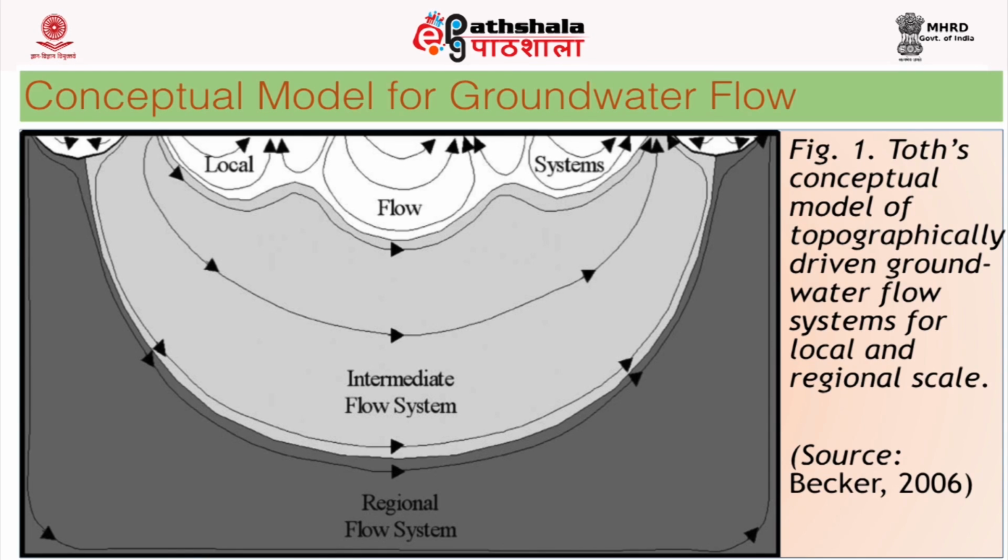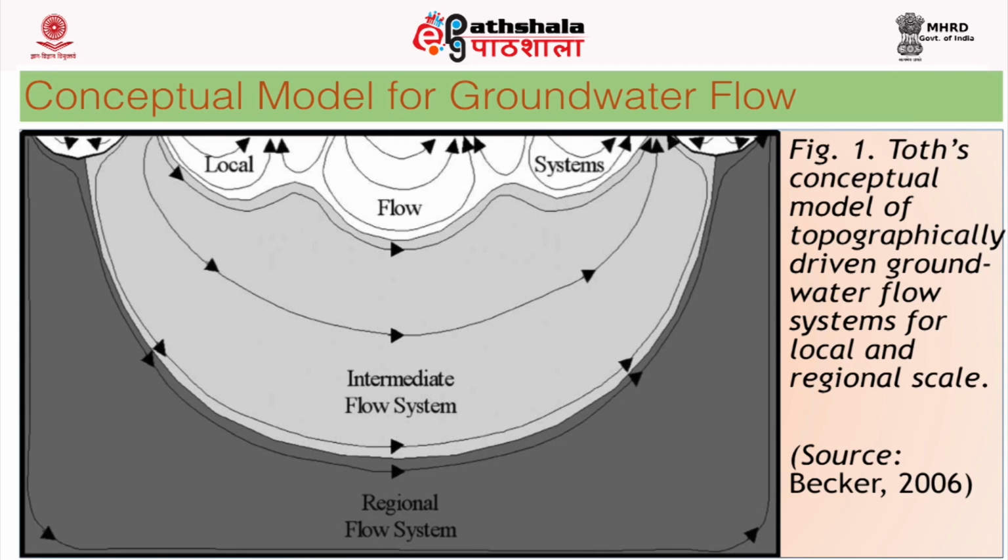In the local scale, if you look at this picture, in the upper part, you can see these local flow systems where the arrow mark indicates the flow direction. These flow directions mainly depend upon the topographic variation of that particular region.